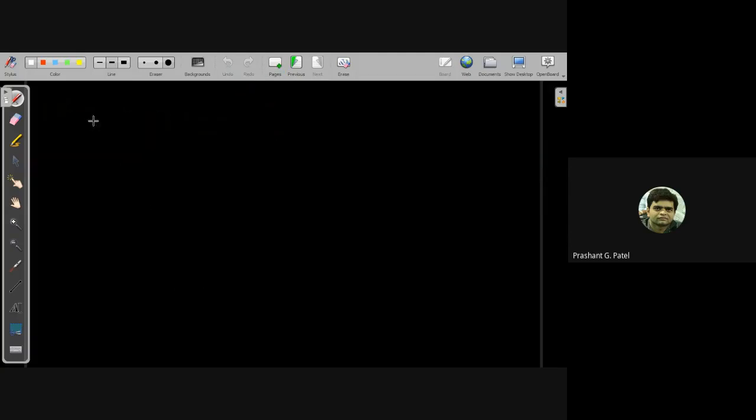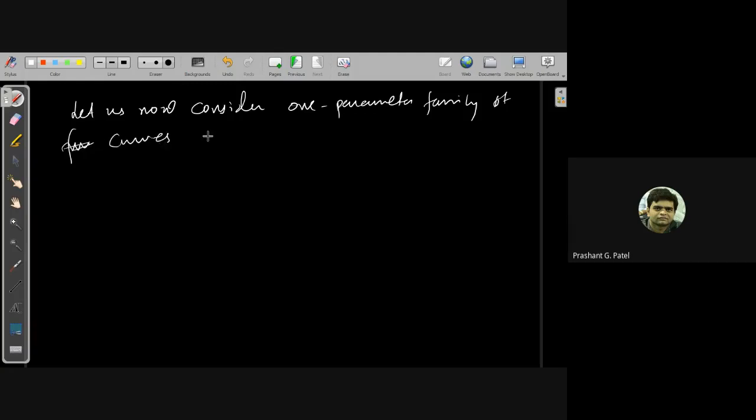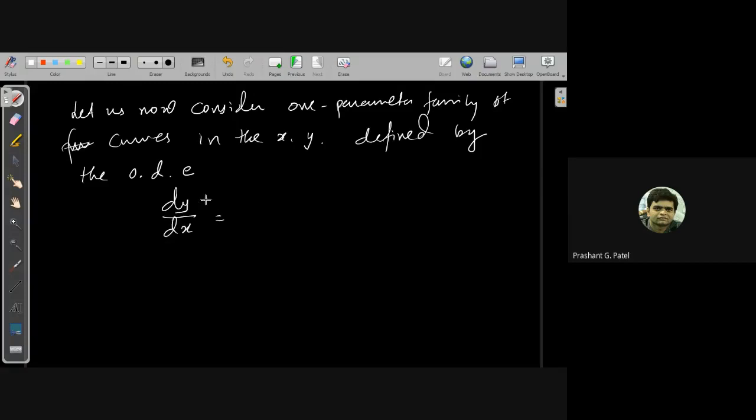So now let us consider a one parameter family of curves in xy defined by the ordinary differential equation dy by dx is equal to q of x,y upon p of x,y.